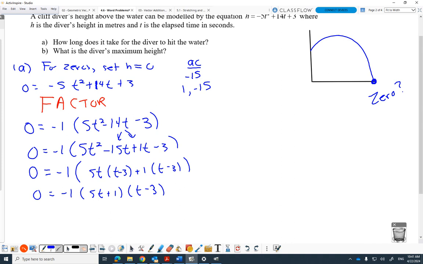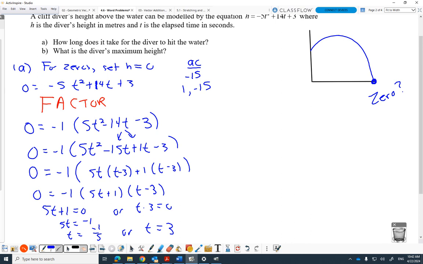I can get my zeros now. 5t plus 1 equals 0, or t minus 3 equals 0. If I solve this equation, I get t equals -1/5 or t equals 3.